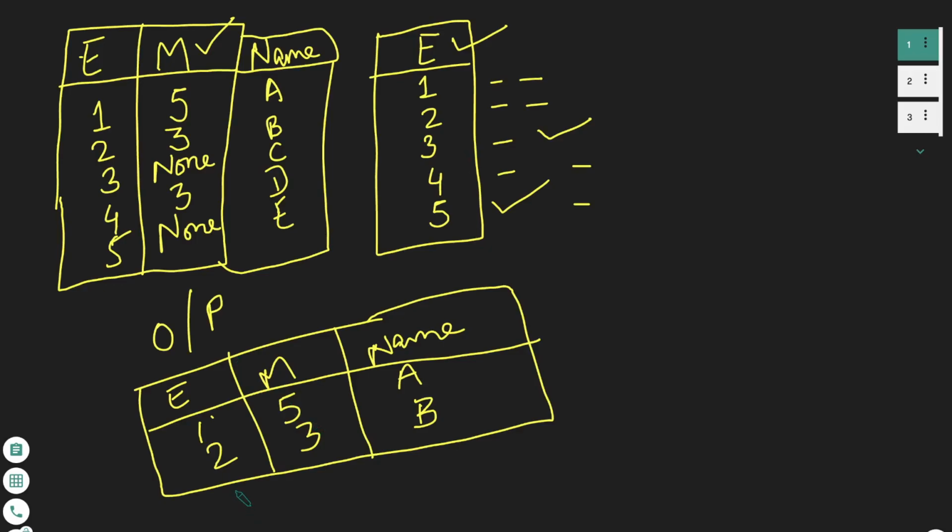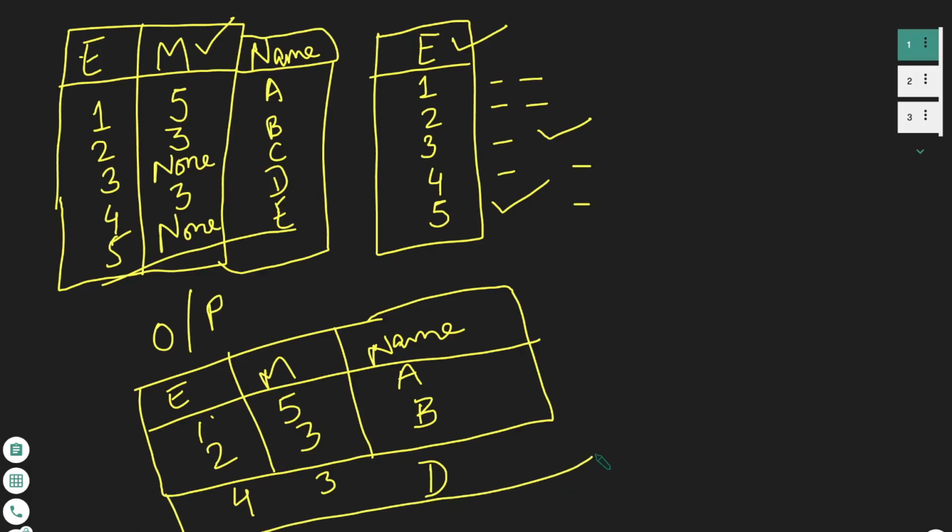So my next output is 4, 3, and the name for 4 is D. And again 3 does not match with 4 or 5. For my last row, 5 does not have any manager. So this is my final output.